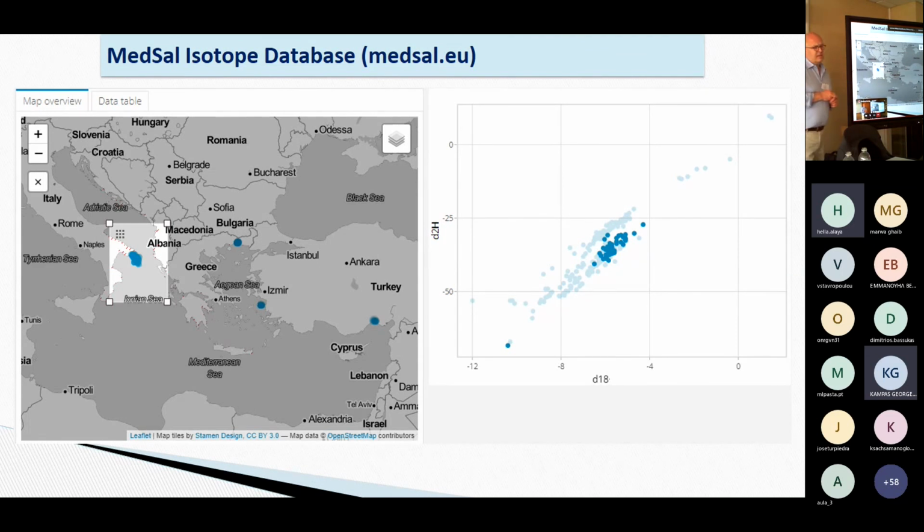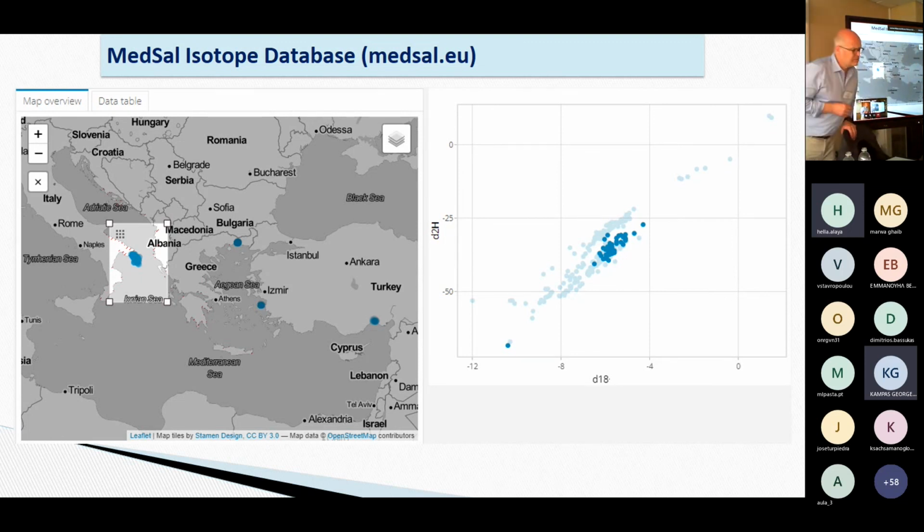Yeah? We see also that we have one single sample that is very depleted. You look at the lower left corner, it has a value of around minus 11 and minus 10. So taking into account this one, it's one sample.